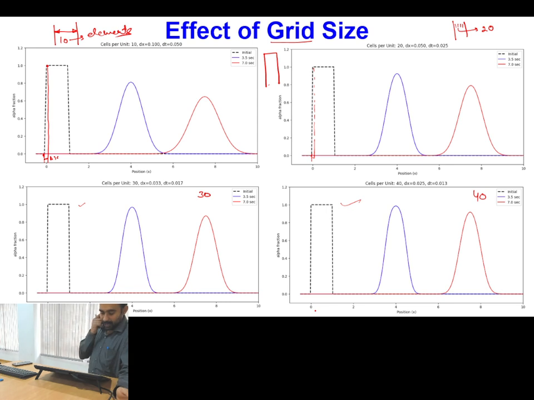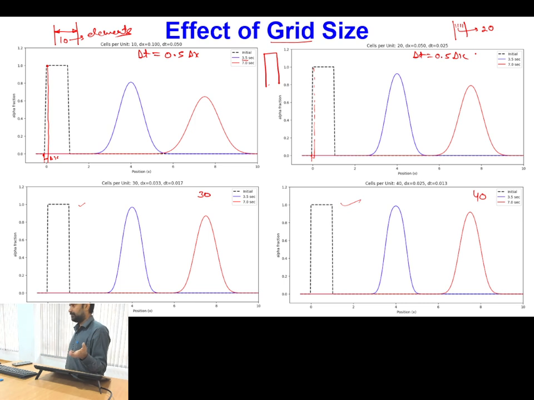Now, whenever I calculate the solution, in all cases I maintained delta t as 0.5 times delta x. Everywhere the time step is maintained at 0.5 times delta x, so dt is different in each case: delta x in the first case is large, so dt is large, whereas delta x in this case is small, so dt is small.